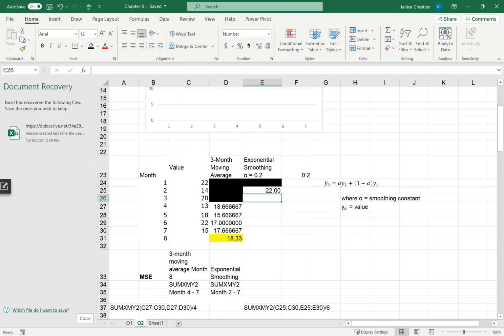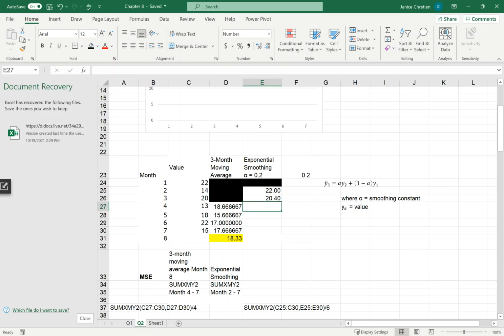So the formula says Y3 equals A times Y2, the value of 2 right here, plus 1 minus A times Y1. This Y1 is going to be the exponential smoothing of the number before the one I'm on.